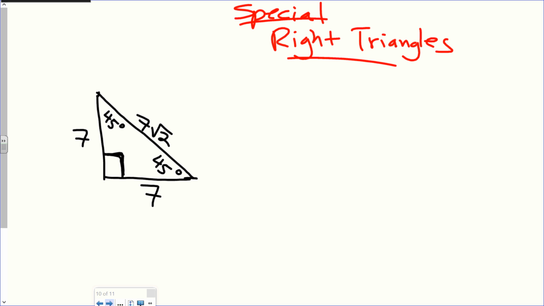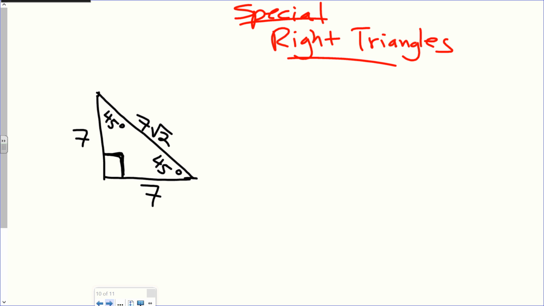Why? It's just the nature of reality. It's like asking, why does gravity make things fall? It's just the way it is. My point is this: whenever you have two 45-degree angles inside a right triangle, then the legs will always be the same size, and the hypotenuse will always be the leg times rad 2. Always. It's just some freaky fun fact of reality.